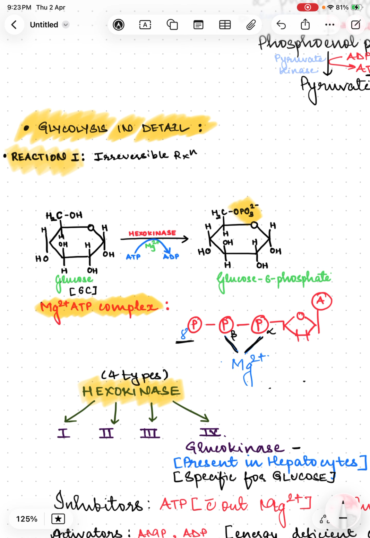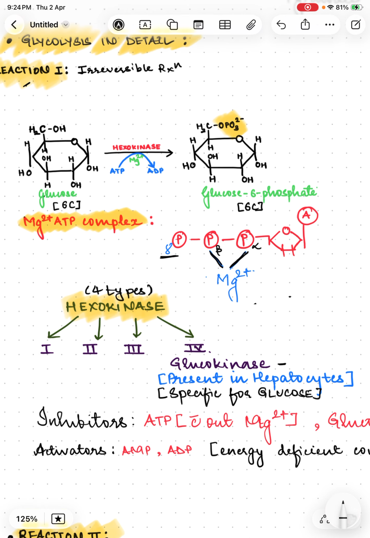Now reaction number 1. As we said in the introduction, reaction number 1 is an irreversible reaction, and during this reaction glucose, which is a 6 carbon compound, gets converted into glucose 6-phosphate. The phosphate which is released from ATP is attached to carbon number 6 of glucose, and the enzyme involved in this reaction is hexokinase.